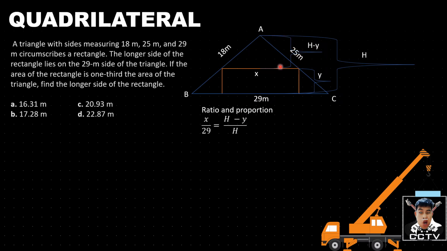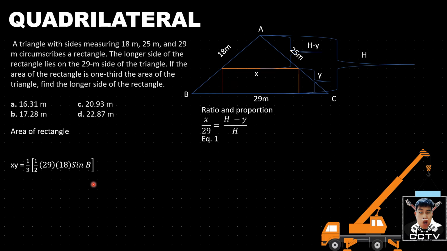The height of the smaller triangle. And this one, h, is the height of the larger triangle. And parallel sides ulit tayo. Kaya kanina, equation 1 yan.